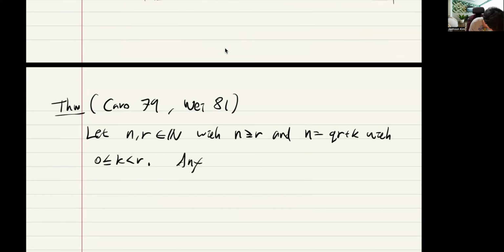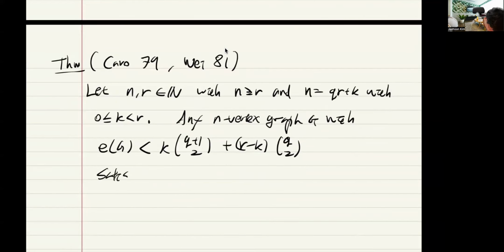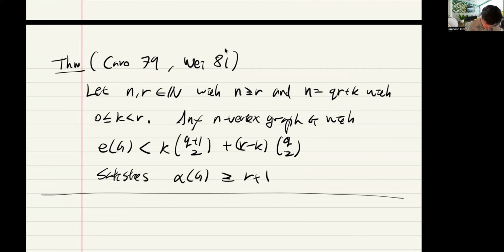Any n vertex graph G with the number of edges smaller than k times q plus 1 choose 2 plus r minus k times q choose 2 satisfies that its independence number is at least r plus 1. It must contain an independent set of size r plus 1.